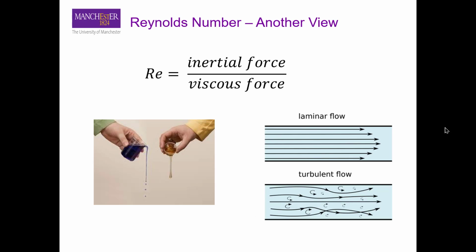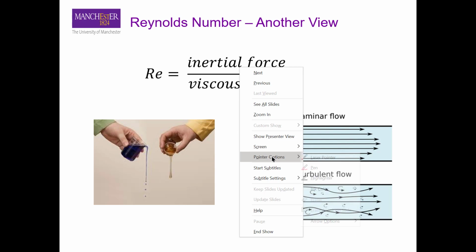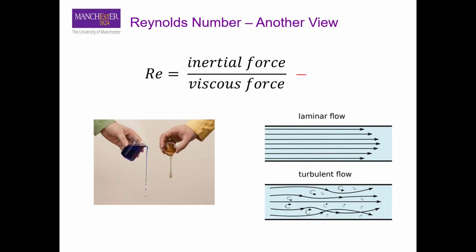Another way of looking at the Reynolds number is that it's a ratio of inertial forces to viscous forces. If we look again at the definition of the Reynolds number, it's d times u times rho divided by viscosity. The viscous forces are much easier to understand, while here we have the inertial forces. And inertial forces depend on a few factors.